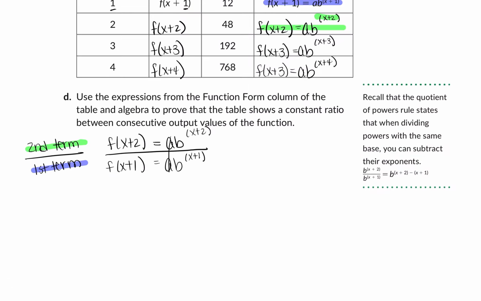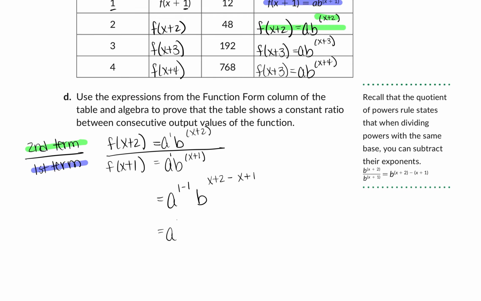Because, well, I guess let me show you more mathematically, right? A, my exponent is 1. So you would do A, 1 minus 1, right? And B, you would do x plus 2 minus x plus 1.